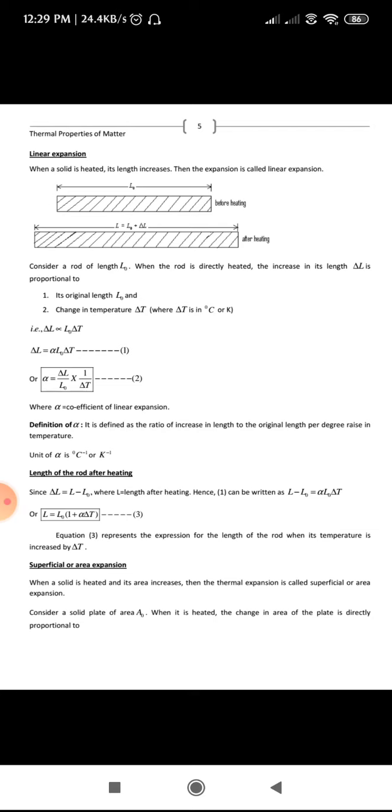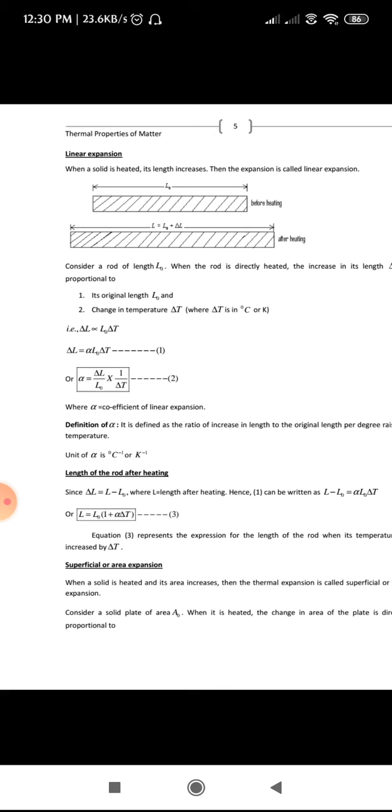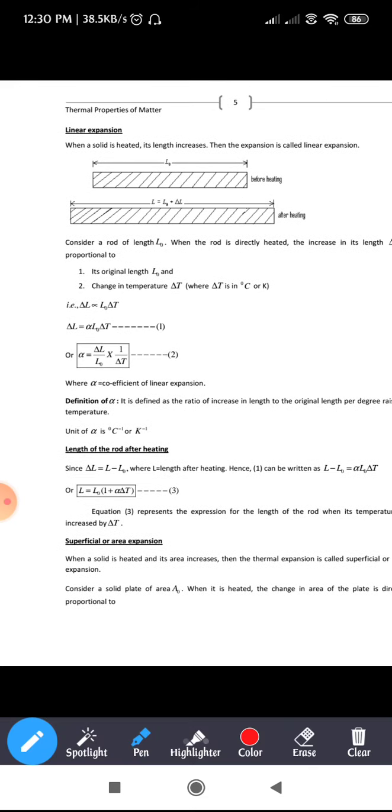If you supply more heat, the temperature of the object increases more, so the expansion will be more. Hence delta L is directly proportional to L naught and to delta T. Combining both, delta L is proportional to L naught delta T.